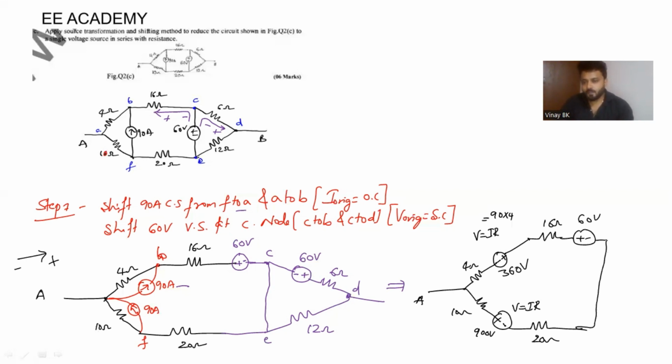So now I will write, I wanted to convert this 60 volts 6 ohm into current source again, C to D, minus plus. C to D, there is a current source.